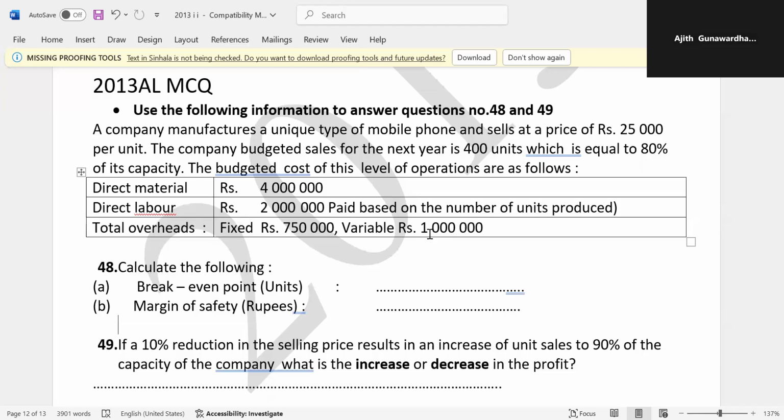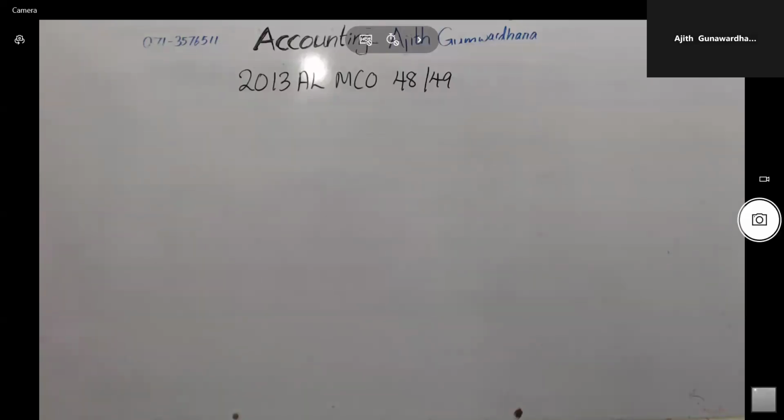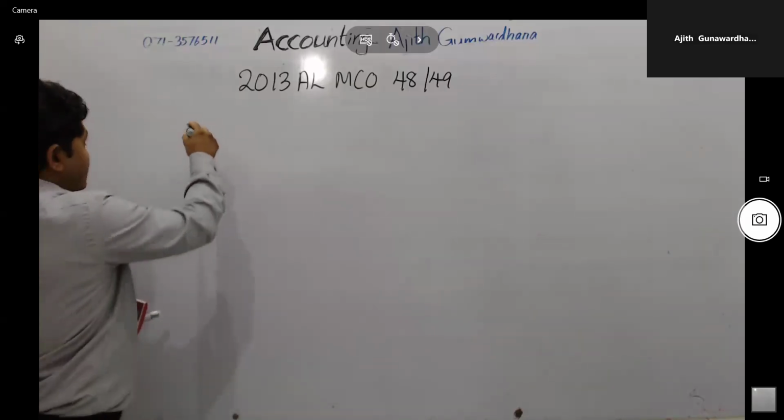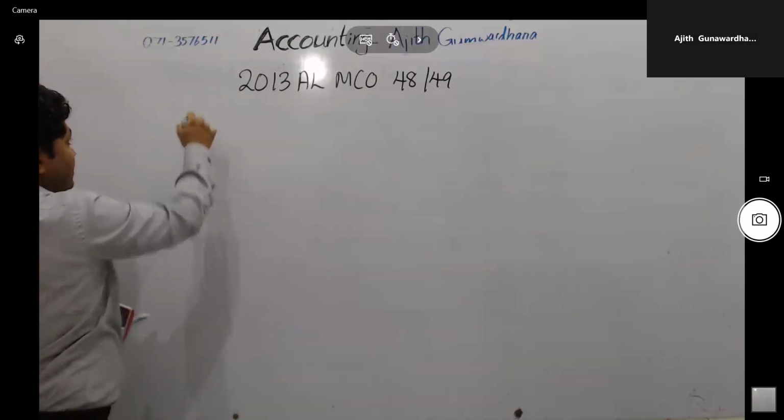First, calculate variable cost per unit before the selling price reduction, and also contribution per unit. This is the current situation, before reducing the selling price, for questions 48 and 49.